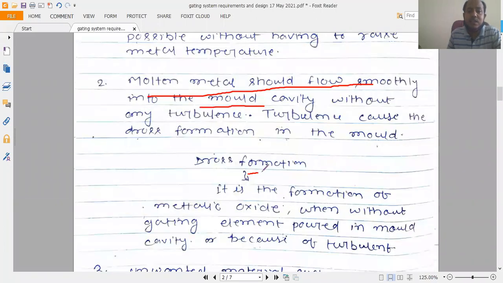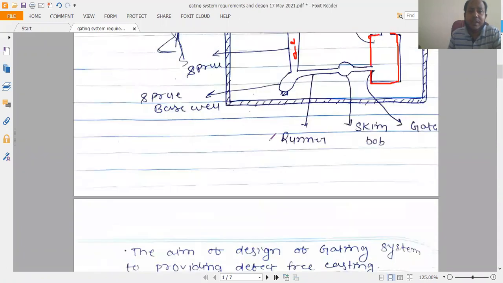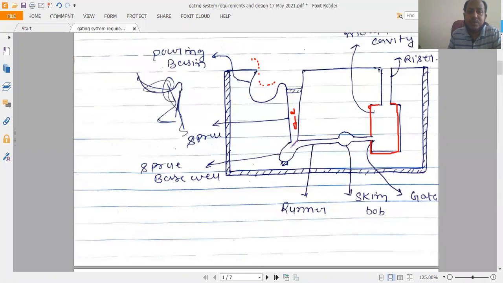And dross formation. What is dross formation? Many times it is asked what dross formation is and why it is not required. Dross formation is the formation of metallic oxide, meaning the metal reacts with the oxygen or air aspirated from anywhere where low pressure occurs.